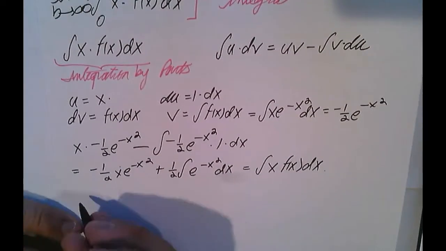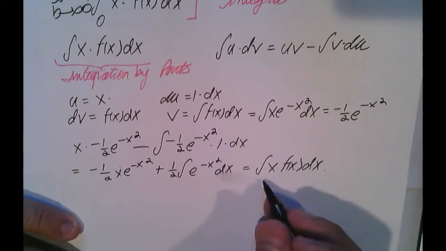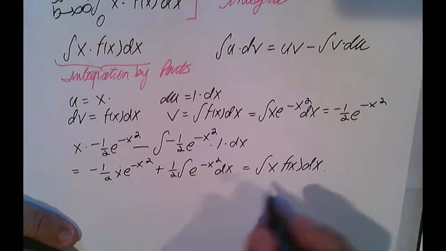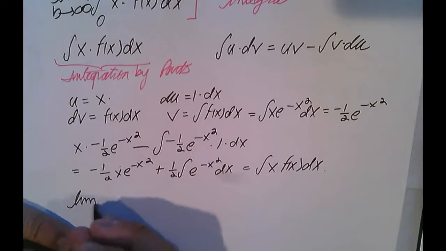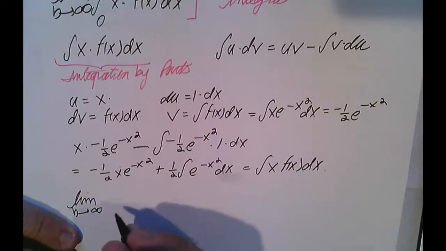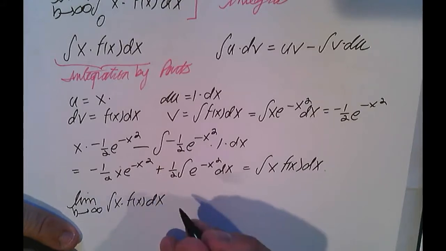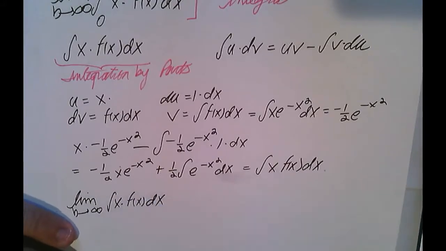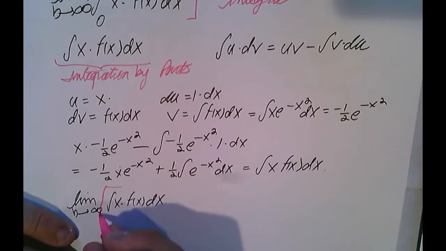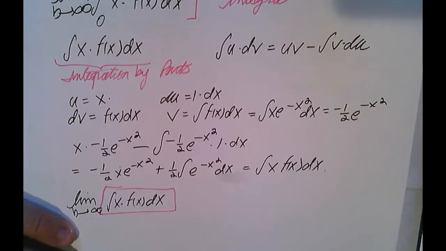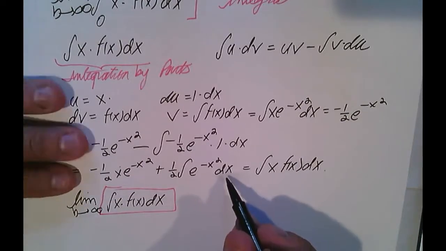What you need to do, though, is not just find the antiderivative, although that part was really good. You need to evaluate the limit as b approaches infinity of the integral of x times f of x with respect to x. We know that all of this equals this stuff up here.